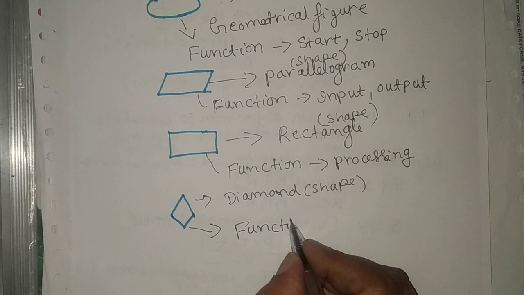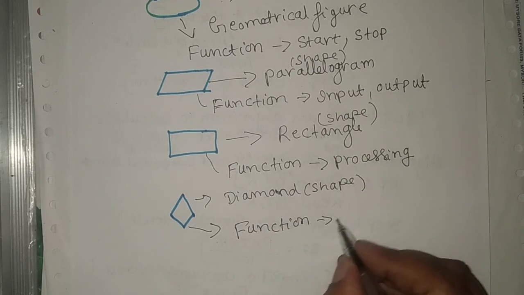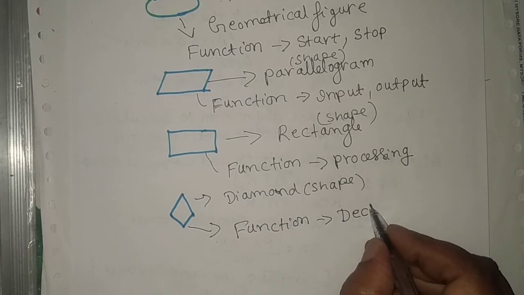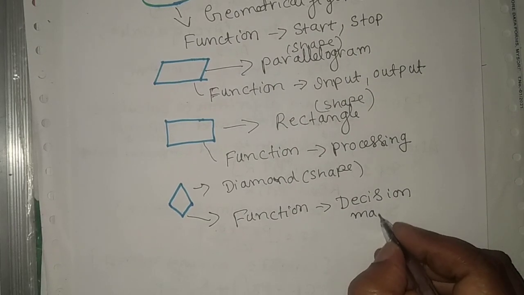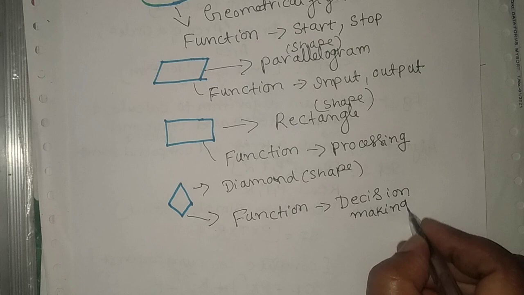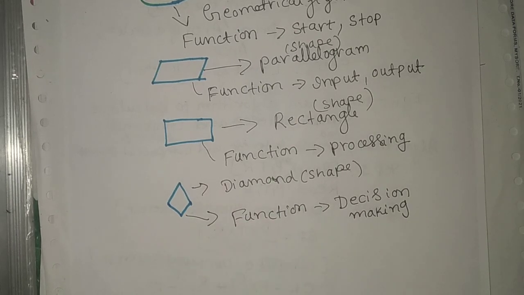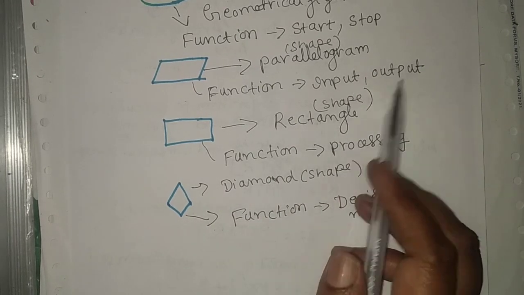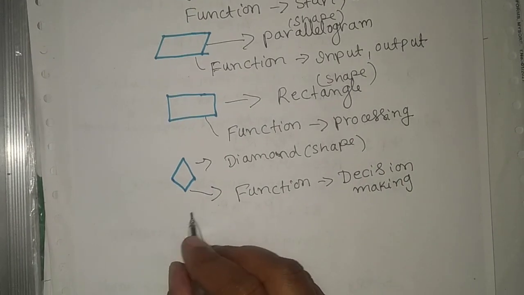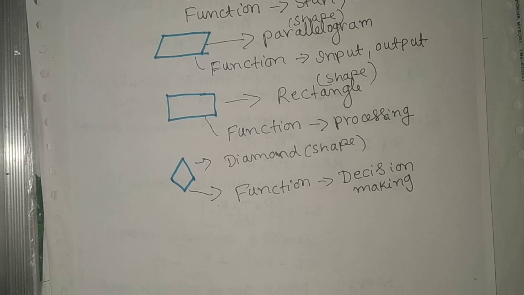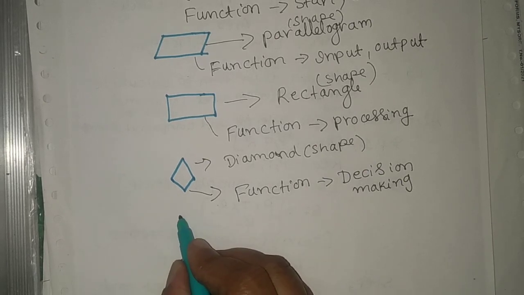Means true or false. Decision making. I'll explain each when we come across the detailed study of these decision making functions, arrays, etc.